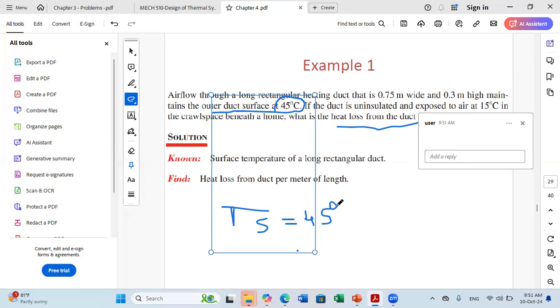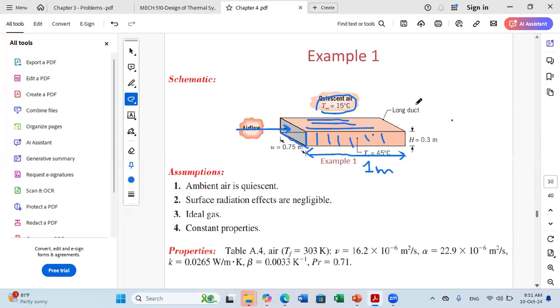And T infinity is also given. T infinity is 15 degrees. And we know the geometry of our duct. Here the duct is a little bit complex. Why? Because how many surfaces are doing exchange with the surrounding? You have this is the top surface.